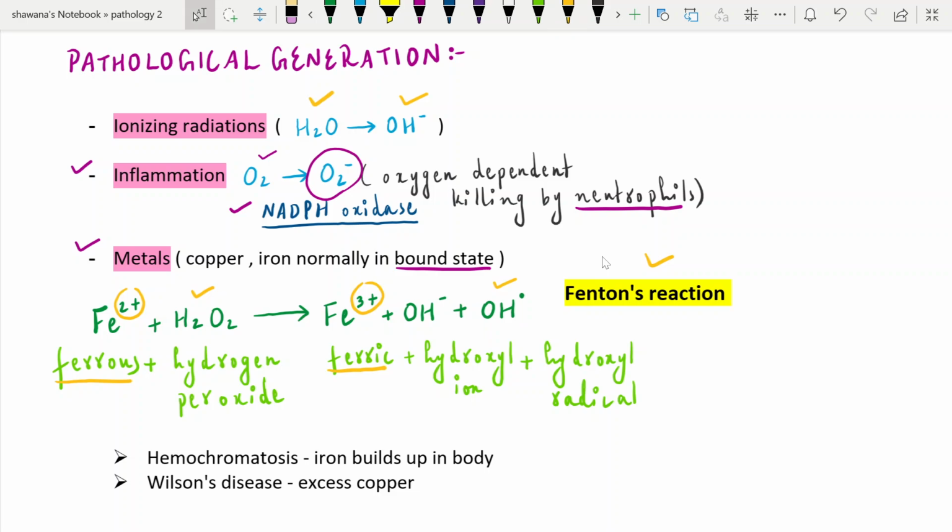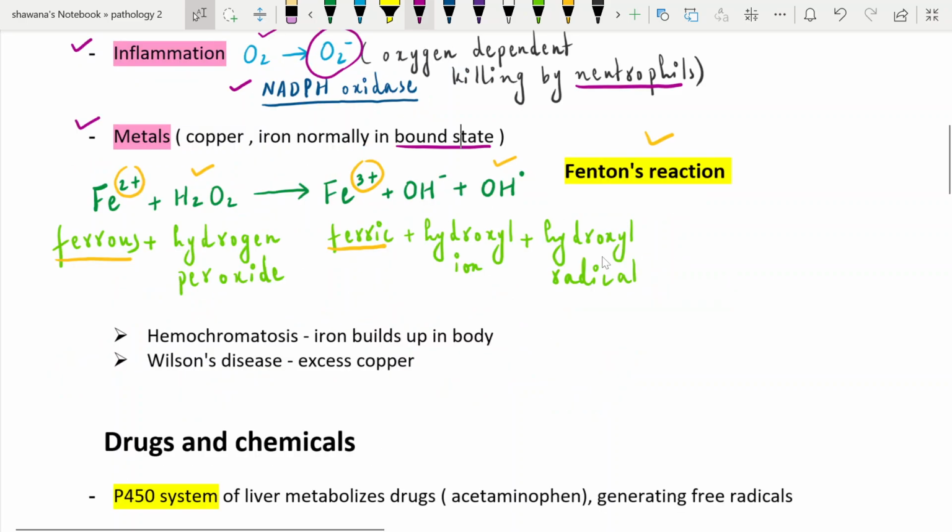To be more specific, it's high yield. There are several diseases inside the body in which these metals can build up inside the cells or inside our bloodstream. For example, the first is hemochromatosis, and as the name suggests, it's heme, it means that the iron builds up inside the body.